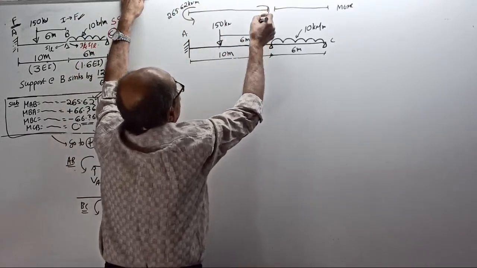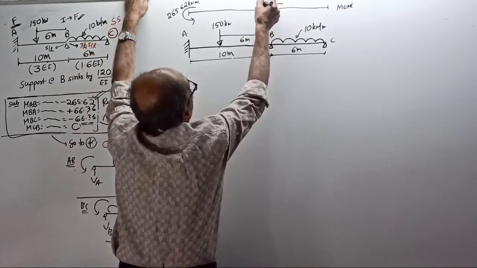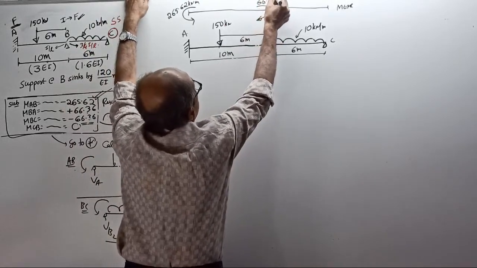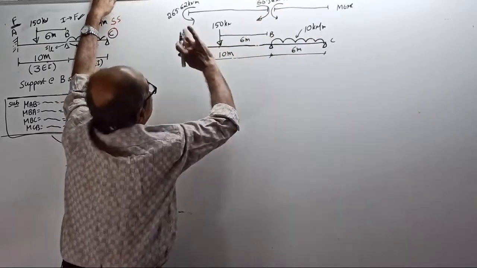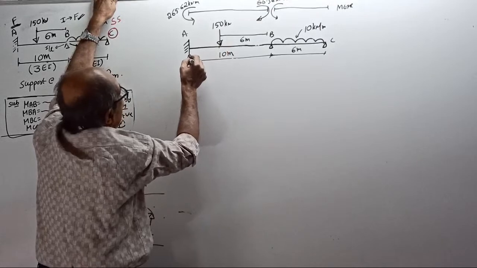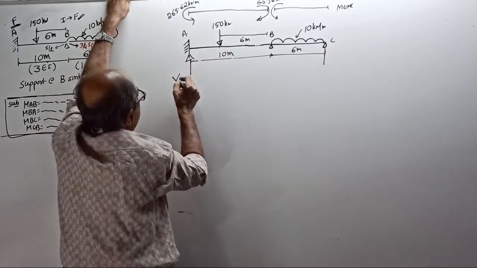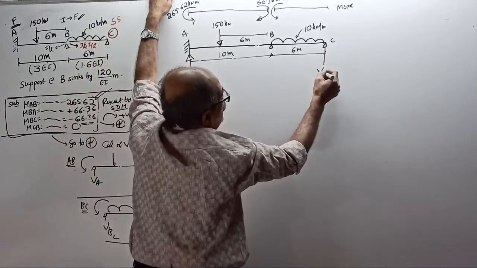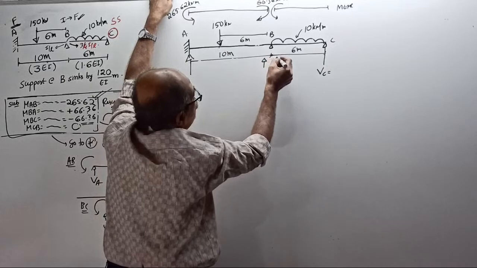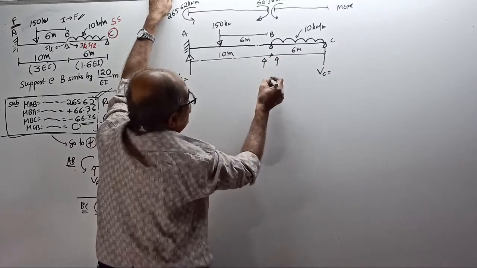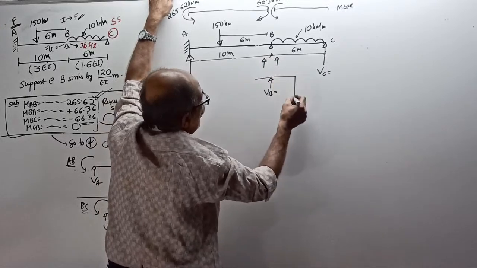You got clockwise moment here of 66.36, anti-clockwise of 66.36 kilonewton meter. Here 0. Then using that moment, you get this reaction. This is reaction VA, this is reaction VC. Here you will get VB1 and VB2. Then finally you can write the final VB if you want.